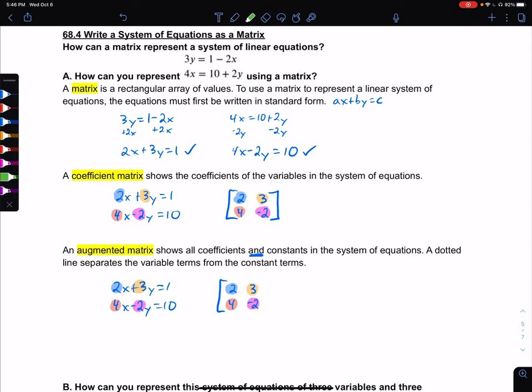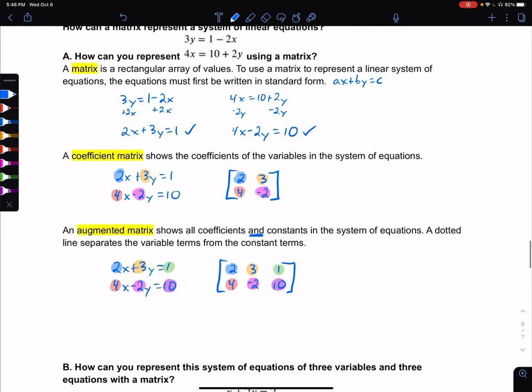So if I bring this 1 over and this 10 over, and the bracket closes off that matrix, there's really no way to tell what's a coefficient and what's a constant term. So you just place a dotted line where your equal signs are.